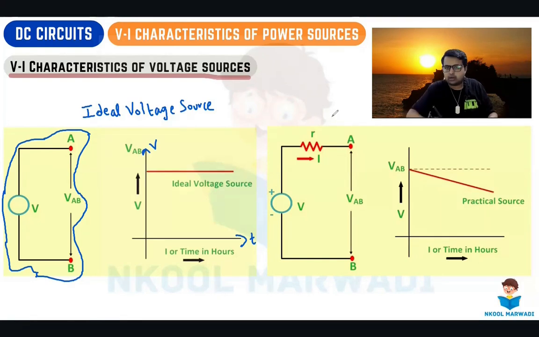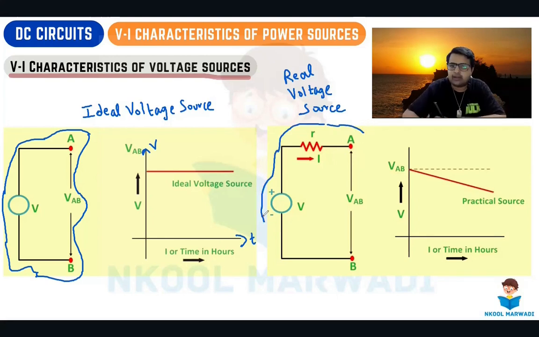Similarly, we have a real voltage source. In a real voltage source, there is always a resistance, and in real life we can't get rid of resistance. So this is the resistance.